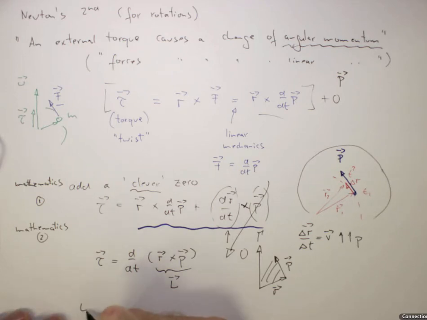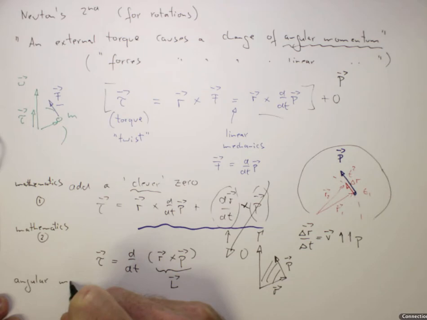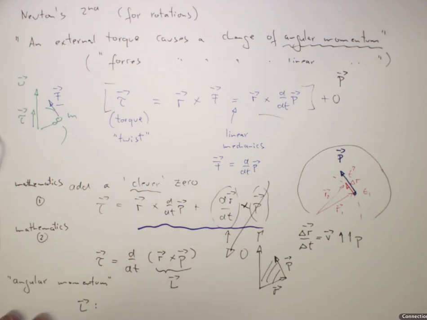So angular momentum is defined as a vector which is equal to the cross product of the radius vector cross the momentum applied. That's what we want to understand as angular momentum.